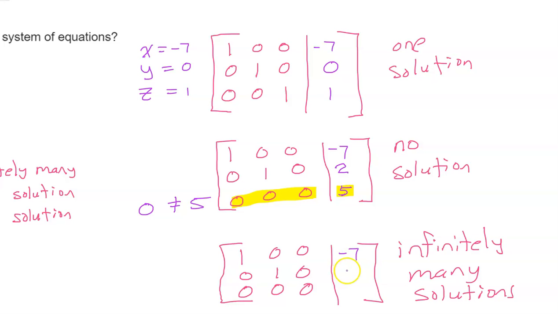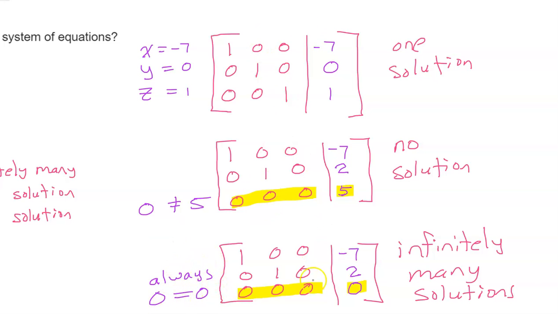I'm just going to stick to -7 and 2 for a second. But if the last answer again is 0, so this means because on the left I have all zeros, that's a 0, and on the right I have 0, then that's telling me that 0 equals 0. Well, guess what? 0 does equal 0. 0 always equals 0. That's why you're going to have infinitely many solutions, because no matter what you get, you're going to have 0 equals 0.